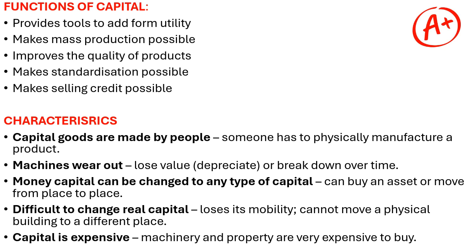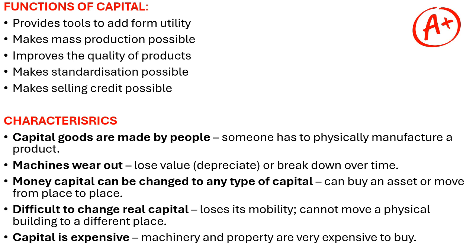So capital then provides those tools that allow that raw material to be converted into a finished product comprising a certain degree of satisfaction, so that when the consumer consumes that product, they will be able to do what? They will be able to satisfy their unlimited needs and wants.